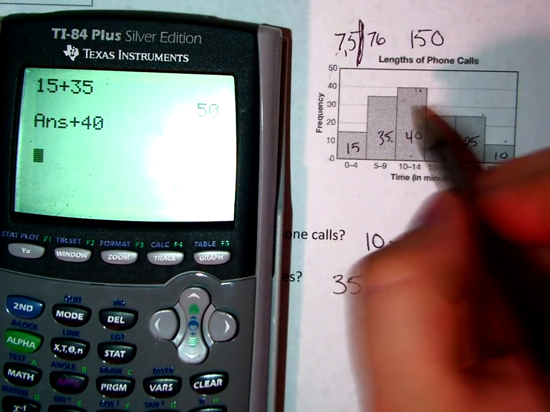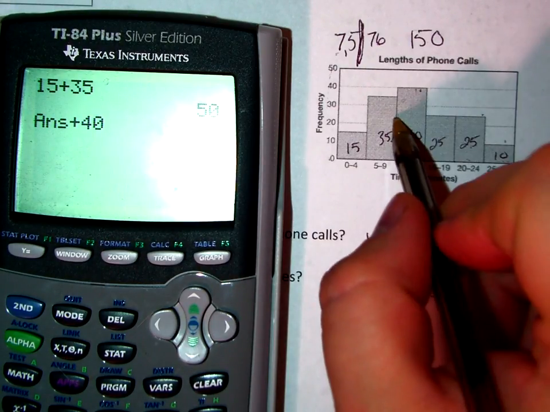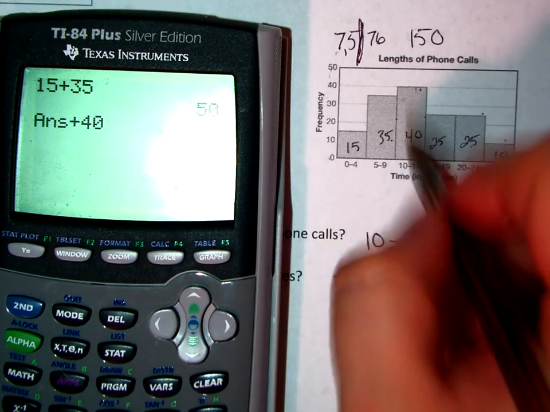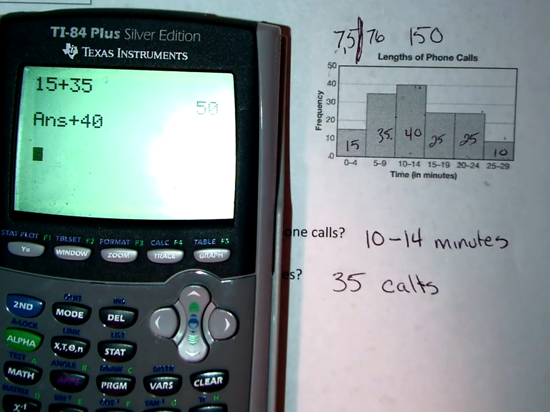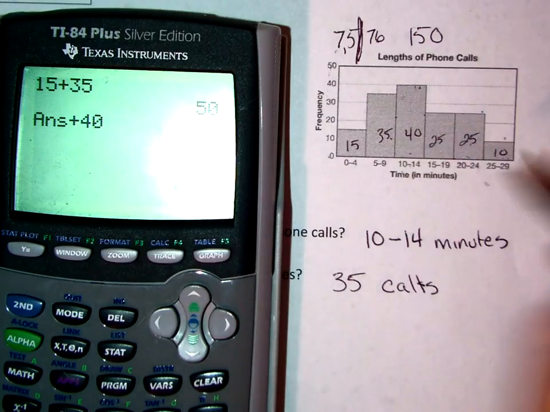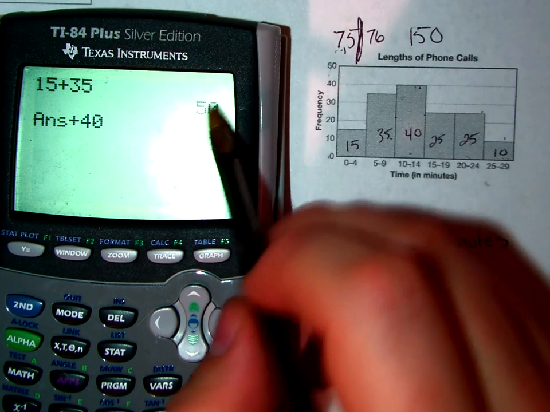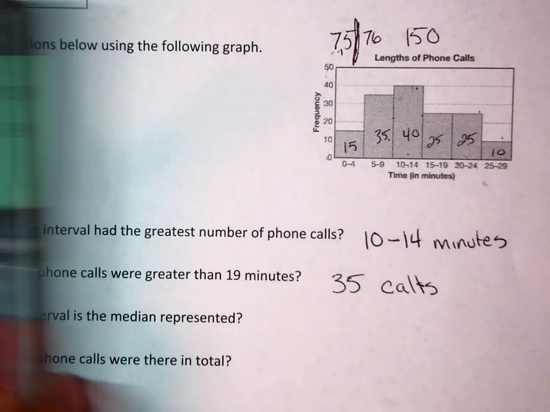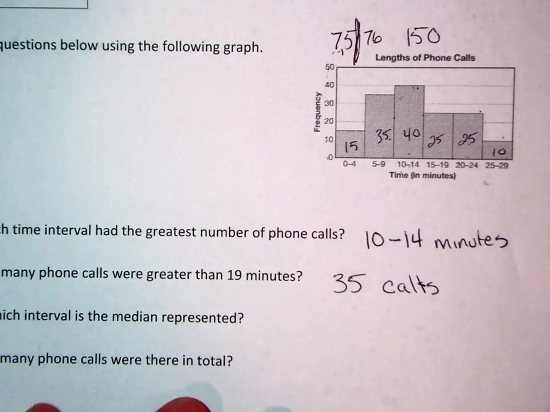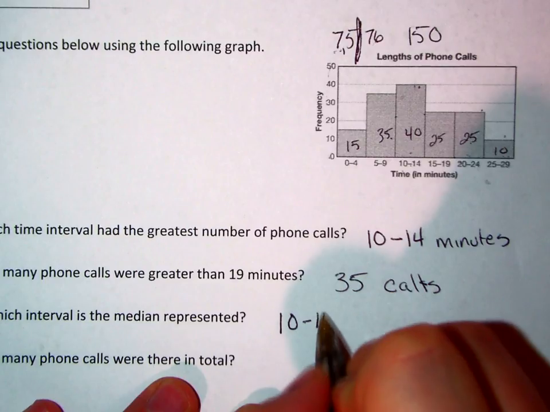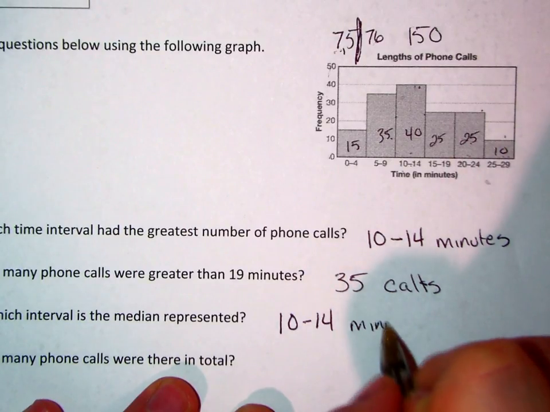That gives me 90. That would give me the indication that between the 50th phone call and the 90th phone call fall within this tall bar here that included the 10 to 14 minute interval. And 75 to 76 are between 50 and 90, so that would be the interval in which my median phone call is represented. So between 10 and 14 minutes.